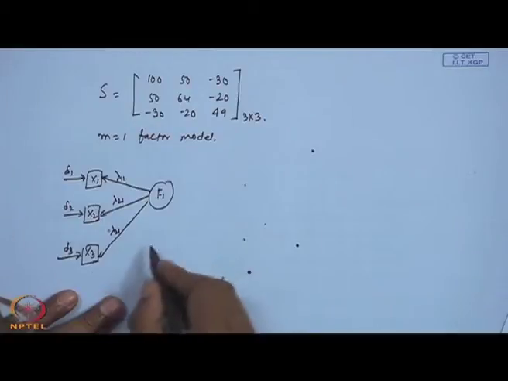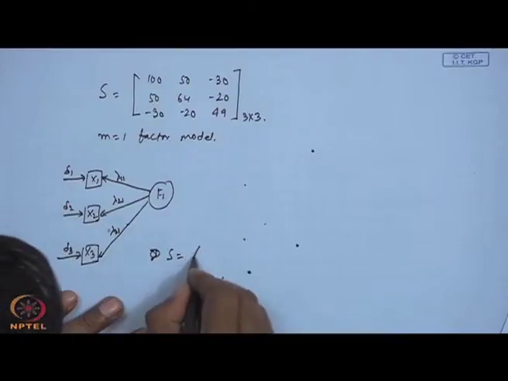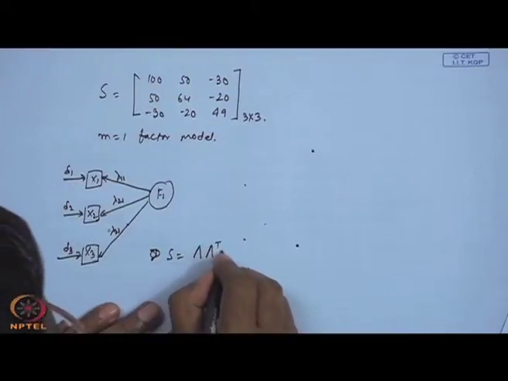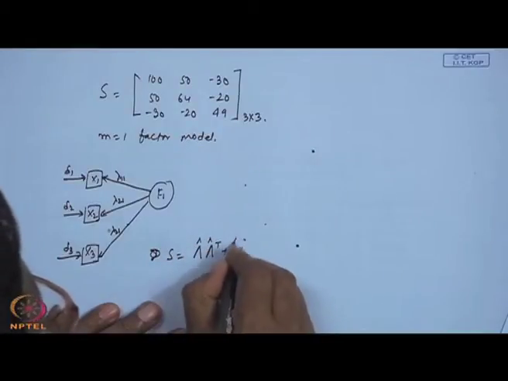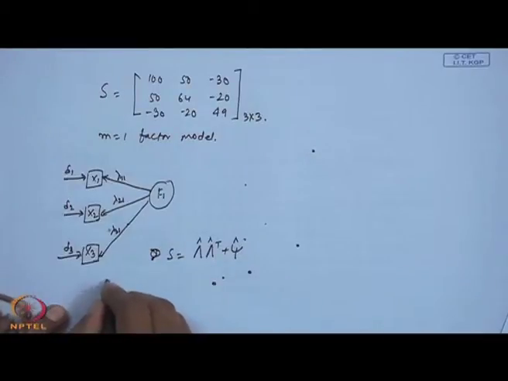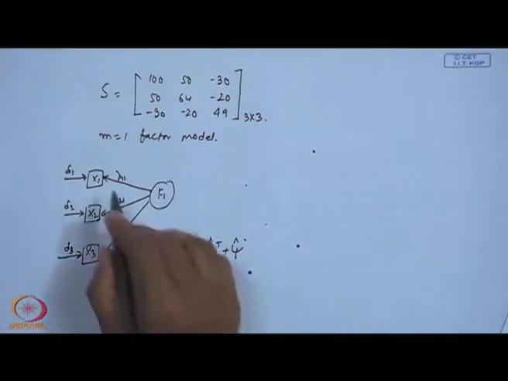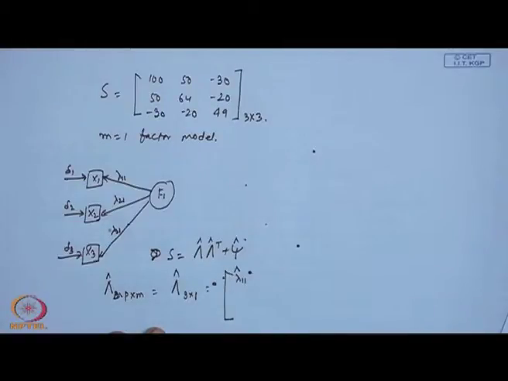And essentially the factor model, all of you know this. If we use S, this will be lambda lambda transpose plus psi, if we use cap. This is the situation. Now here our lambda cap is p cross m, that means it is lambda cap 3 cross 1, and it is obvious this is lambda 1 1 estimate, lambda 2 1 estimate, lambda 3 1 estimate.